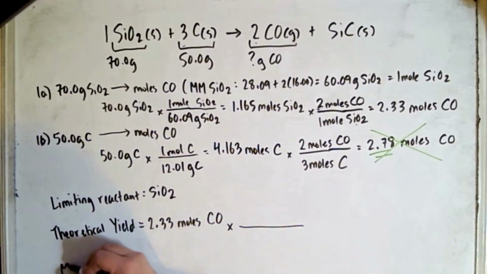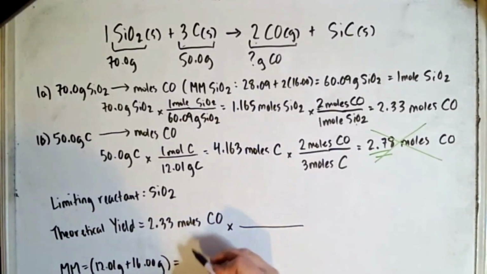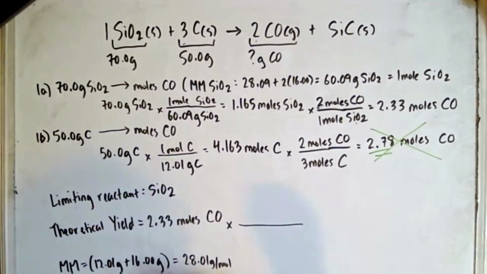If we want to do a little molar mass calculation down here, we can. Carbon is 12.01 grams per mole. Oxygen is 16. So if we add those together, we're going to have a molar mass of 28.01 grams per mole. Okay.